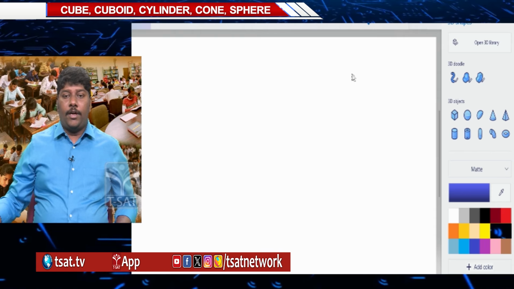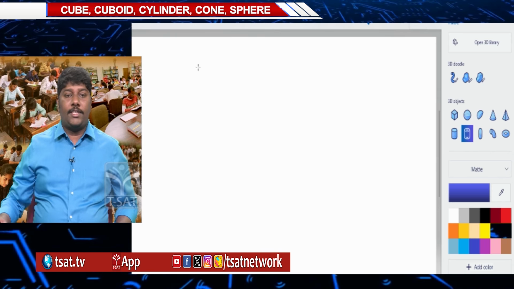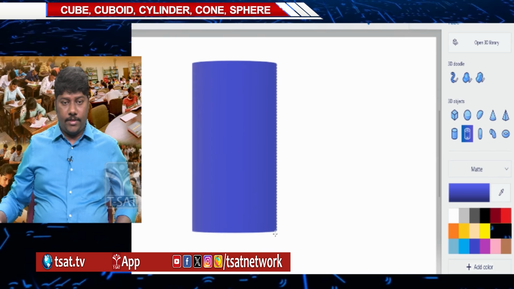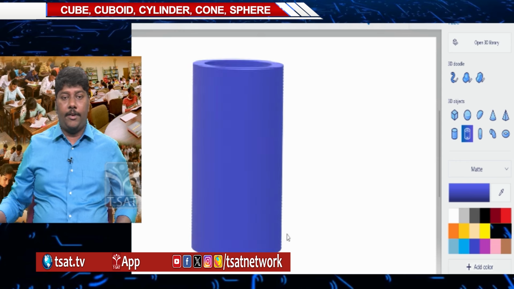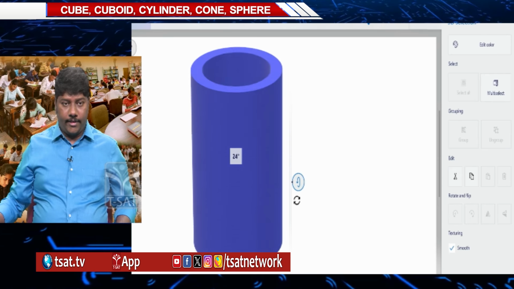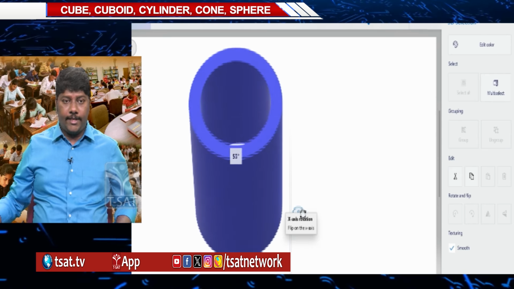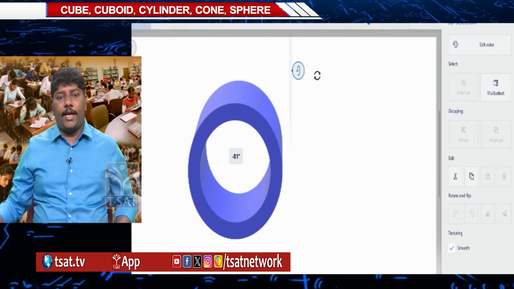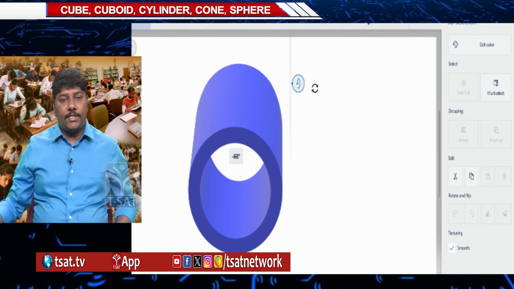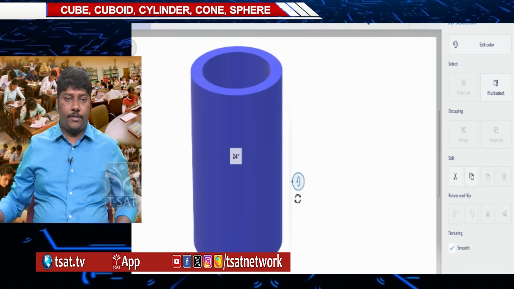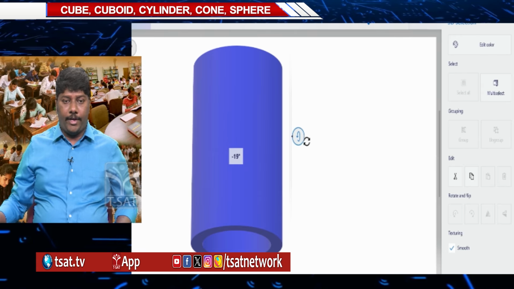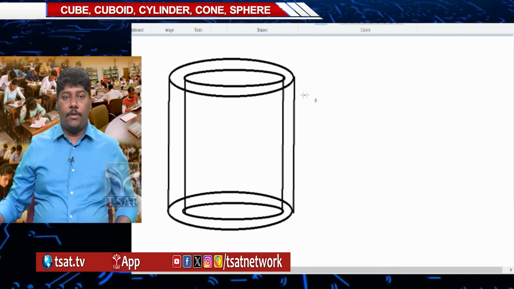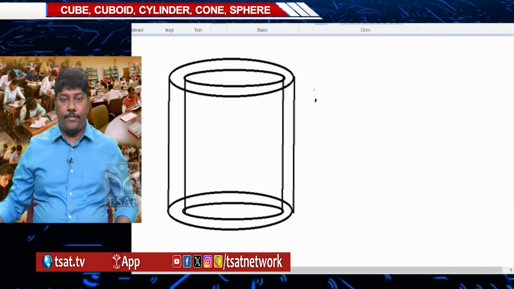Now, we also find out what the hollow cylinder is. So, this is the hollow cylinder. Hollow cylinder means empty inside like this, which will have a certain thickness. Now, you can see this cylinder has a thickness. It has an inner radius and an outer radius. How do we find out for this? For the hollow cylinder, how do I find the lateral surface area?